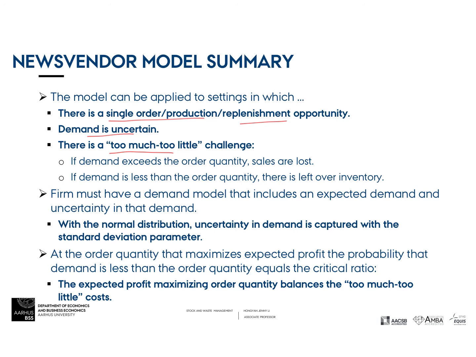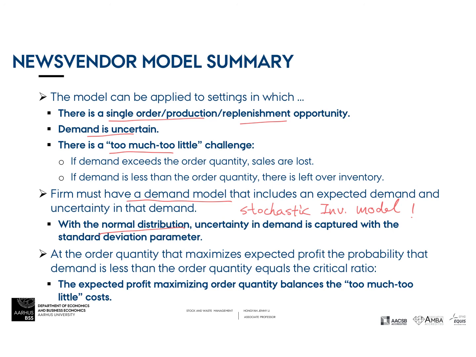And then the firm must have a demand model that includes expected demand and uncertainty in that model. So this is a stochastic inventory model, and we talked about how to construct a demand model. The normal distribution is broadly used in practice.